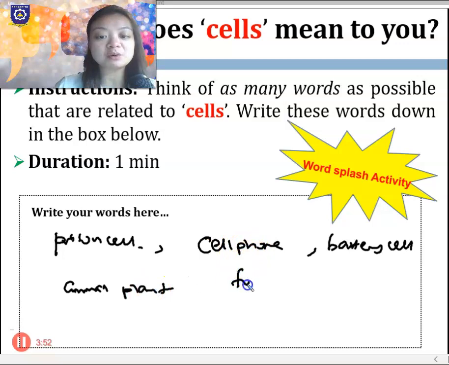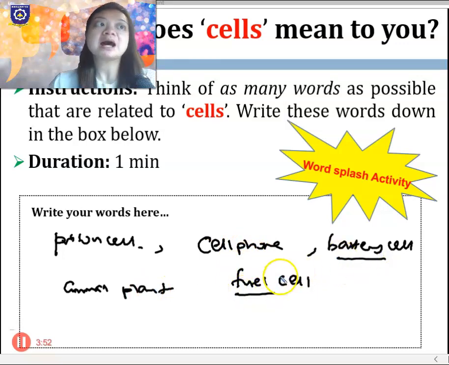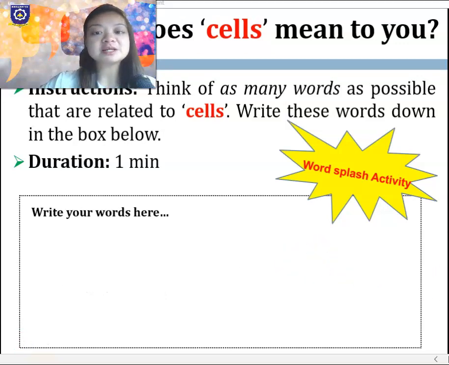Oh, sorry, you may also have thought about a fuel cell. Now, battery and fuel cells are basically components that you can find in a switch. You can also find these inside cars. They basically power the switches, they power the cars. Okay, so let's move on.